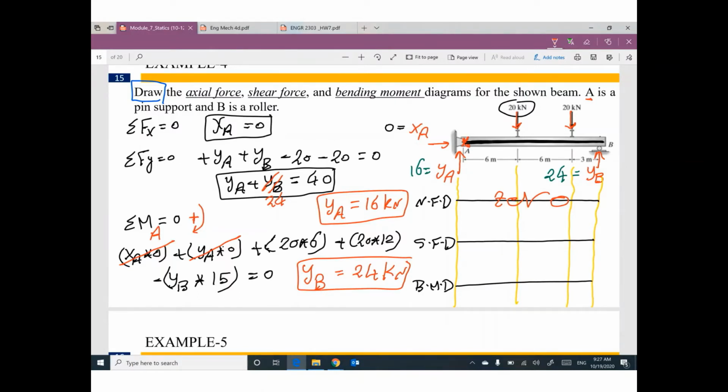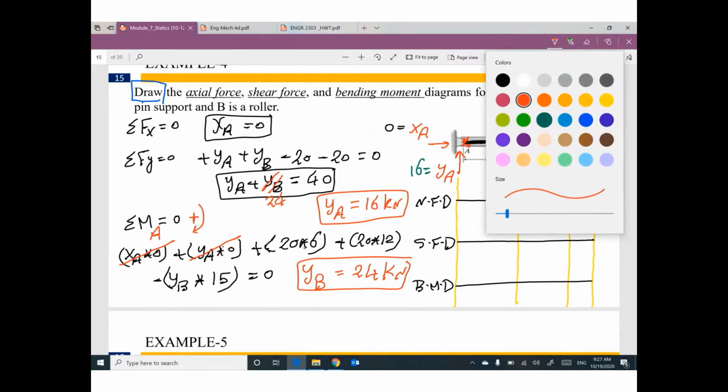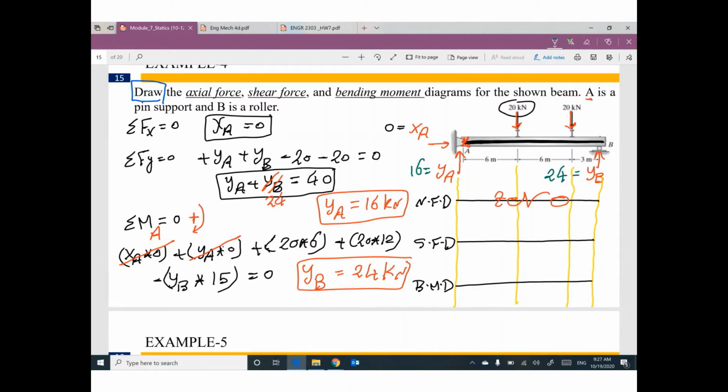Where is your left? You are standing here and looking at the screen. Where is the left end of this beam? Here you go. Left end of the beam. Please go ahead and start from there.